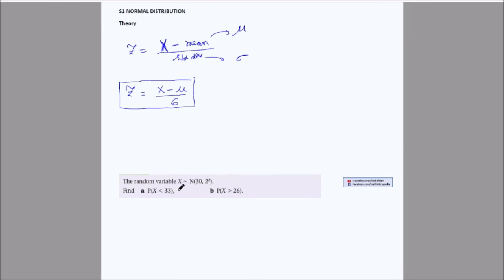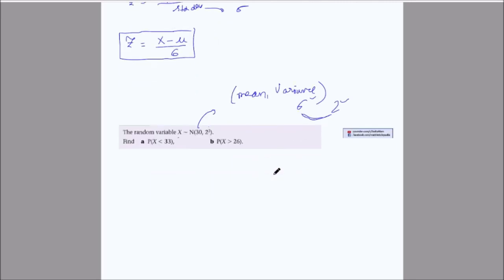Suppose the value is given like this, x and then 30 and 2 square. 30 is the mean, and the value next to it will be the variance. Variance is what? Variance is sigma square, right? But we need the value for sigma only, so sigma square is given as 2 square, so it means sigma is 2 in this case.